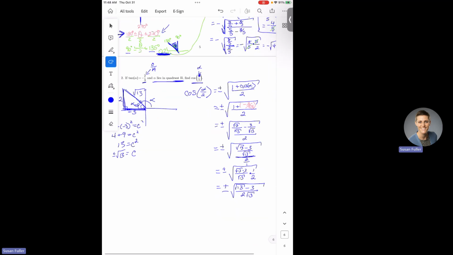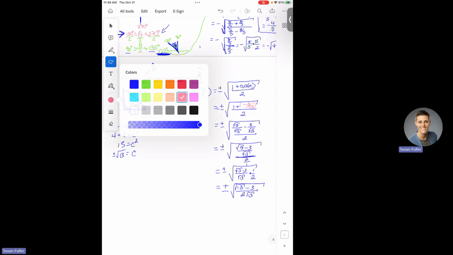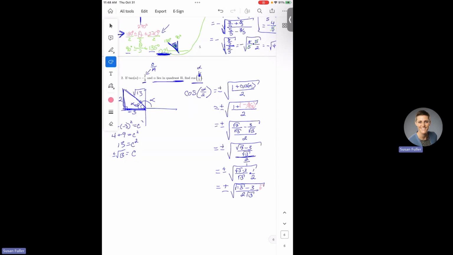This is kind of ugly. I want you to just leave it like that for me. I think Alex should take it in this form. If it won't, make sure that you rationalize here on the bottom. So to rationalize, you can multiply top and bottom here by √13 inside.